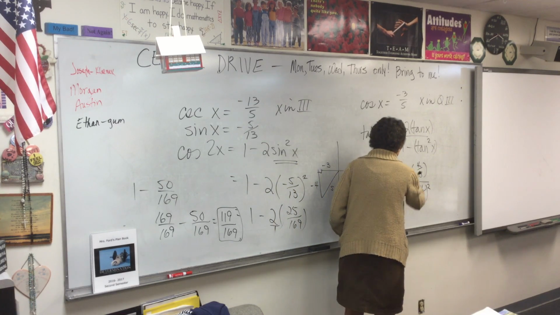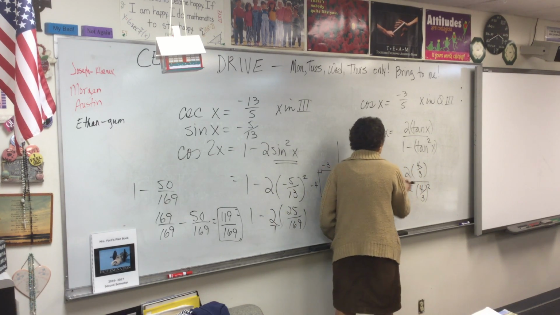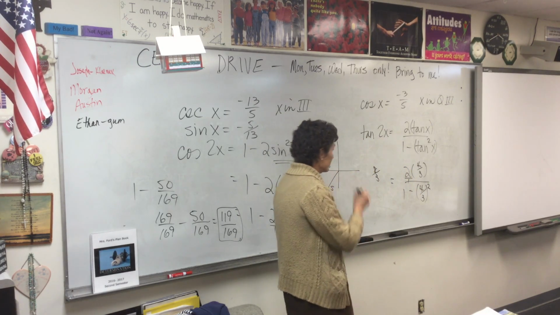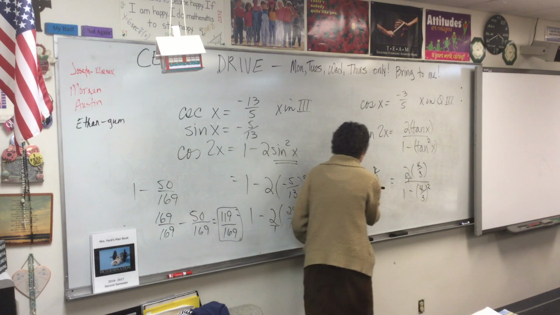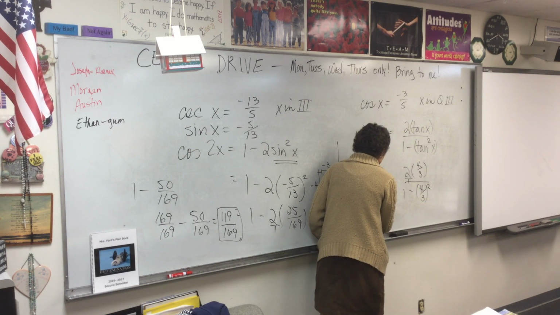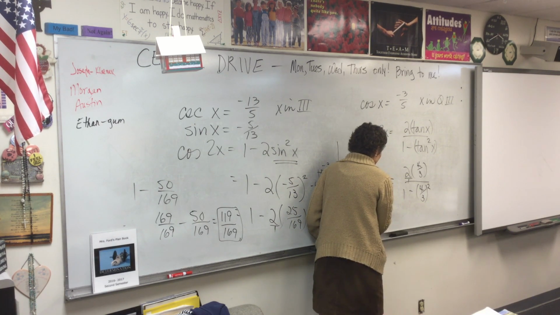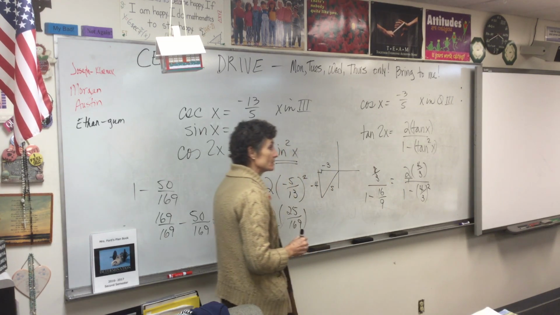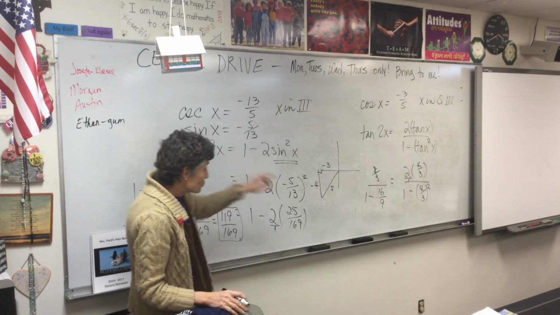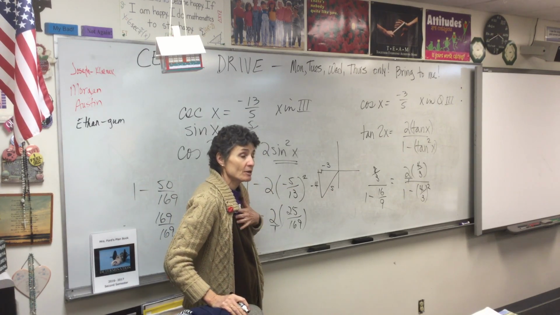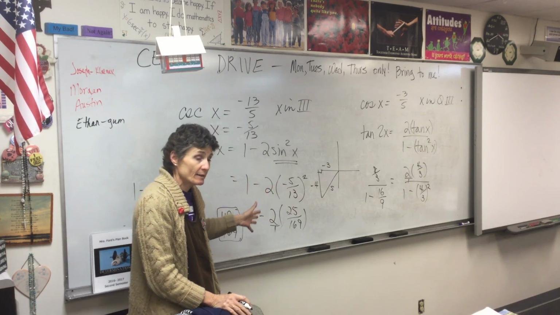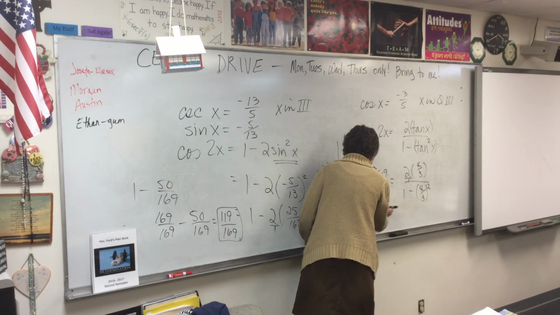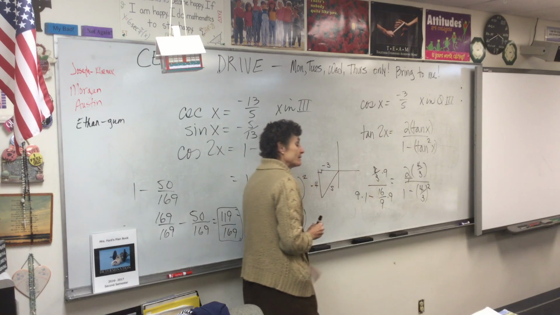All right, so what do I end up with on top? 8/3. Remember, this is 2 over 1. Do not mess that up. It's 8/3 over 1 minus 16/9. Now, you have to simplify that, and I don't care how you do it. It makes no difference. Just get it done. I'm going to multiply everything by 9 because that happens to be my favorite way to clean things up.